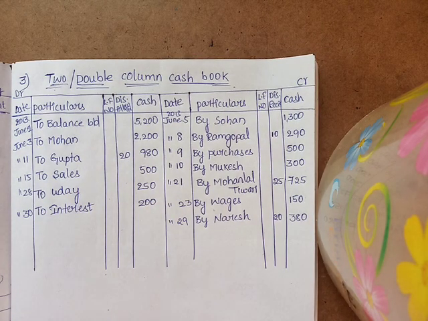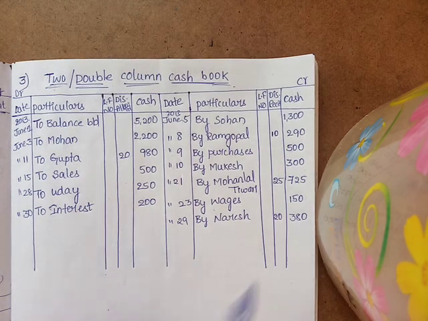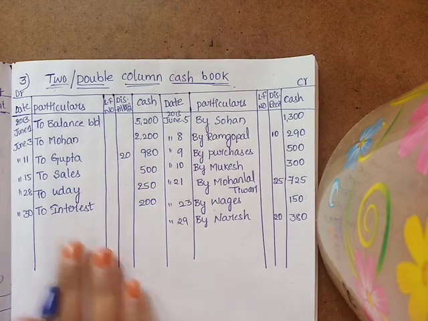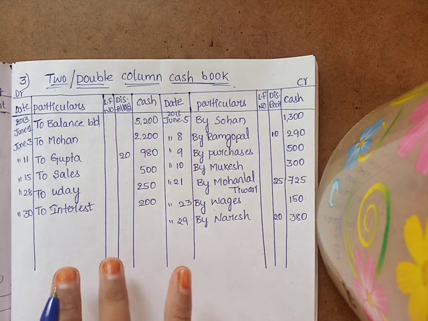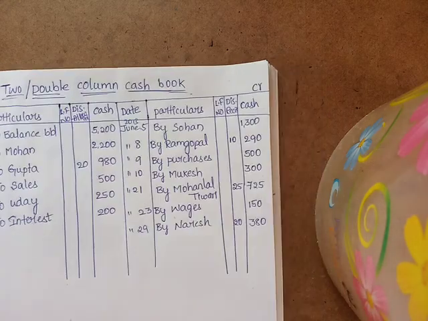Next step is what? We tally both sides, that is debit and credit. Suppose which side is less? On that side what we write? We write to balance carried down or by balance carried down.